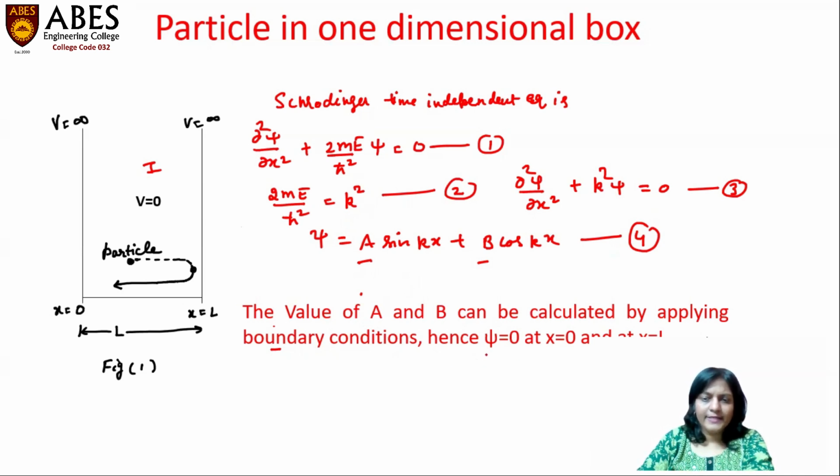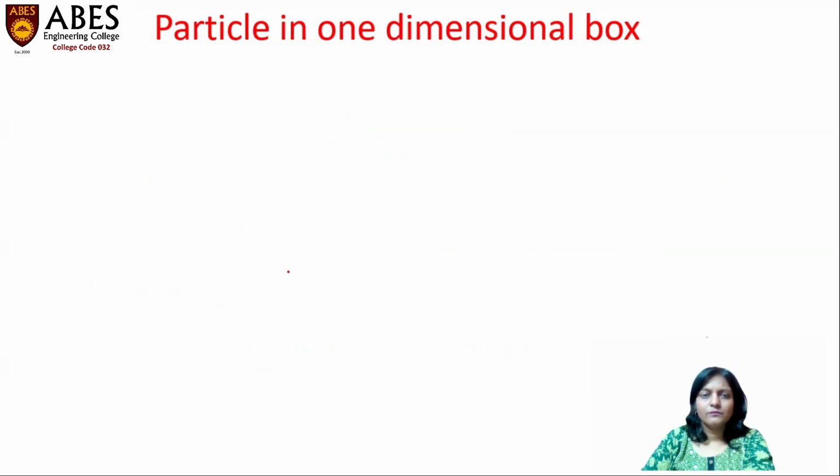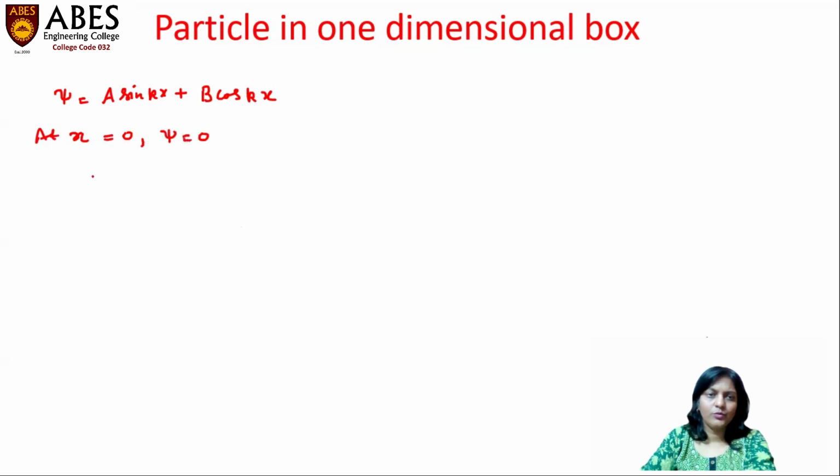The boundary condition is that psi is equal to 0 at x equal to 0 and L. Means at x equal to 0 or at x equal to L, the particle cannot exist due to infinite potential, so the wave function psi is 0. Now, psi is equal to A sine kx plus B cos kx. At x equal to 0, psi is equal to 0.